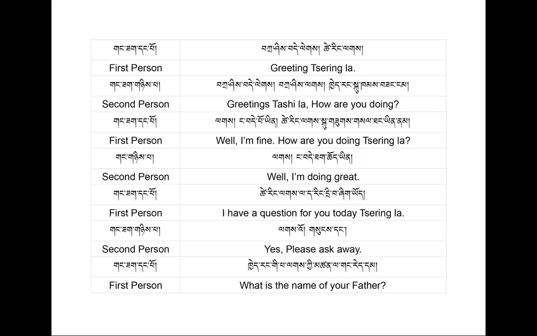We simply say, oh, I have a question, which inferentially tells the other person that we are asking permission. Instead of saying, may I ask you a question, which you can also say in Tibetan, sometimes we just say, oh, I have a question for you.